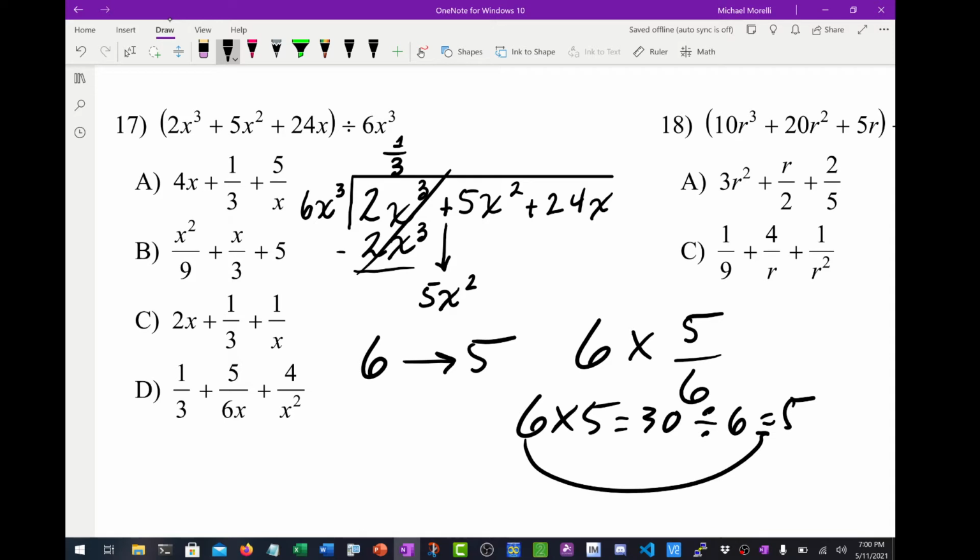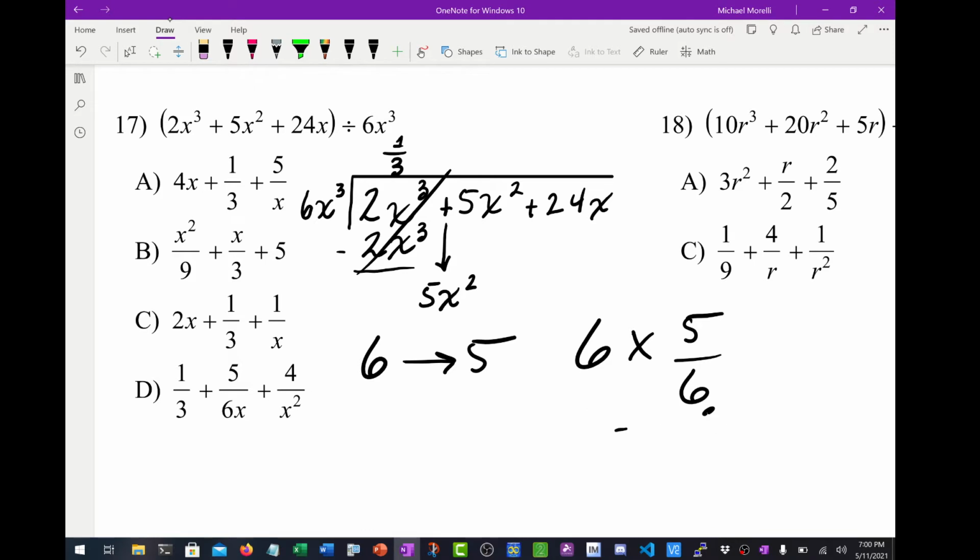So that's how I turn a 6 into a 5. You multiply by 5, and then you divide by 6. So if you isolate the multiplication by 5 and division by 6 into just a fraction, you're really multiplying 6 by 5/6. Okay? So we know we're going to multiply by 5 over 6.